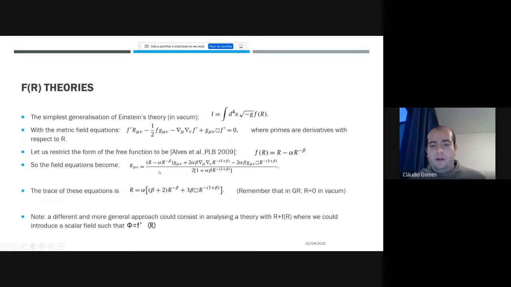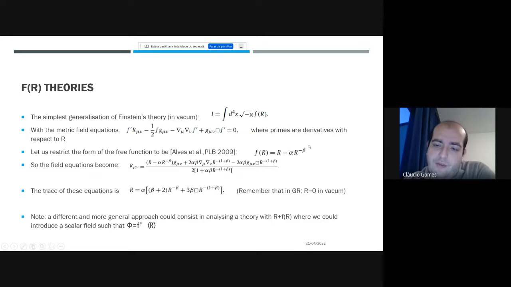So we will now look into gravitational waves of f(R) theories, since these are one of the simplest generalizations of general relativity. And we will look mainly into the work of Alves et al., published in 2009. Let us choose f(R) to be R minus alpha R to the power of minus beta.